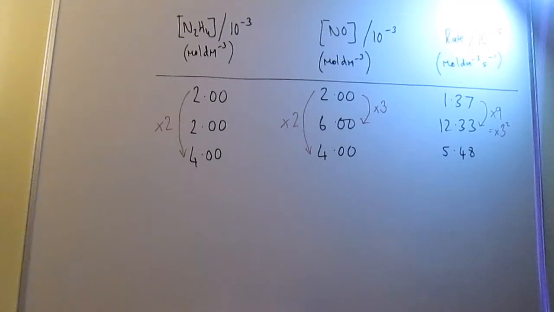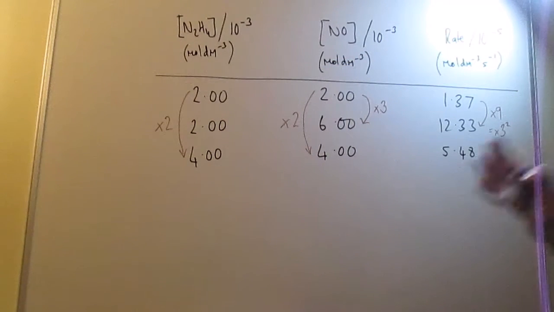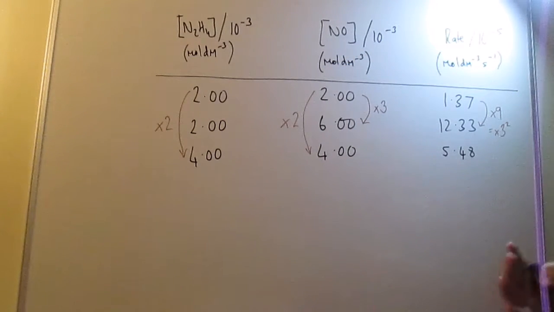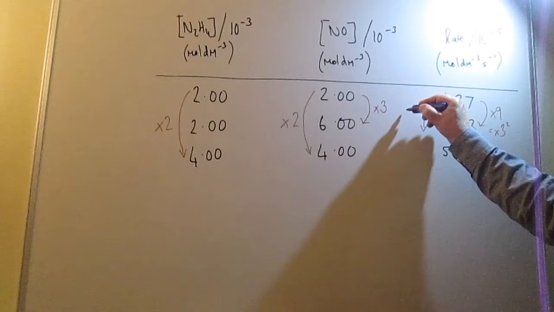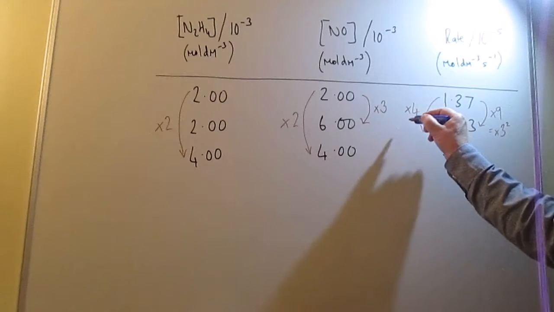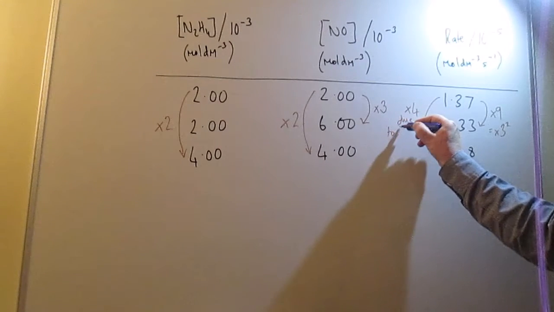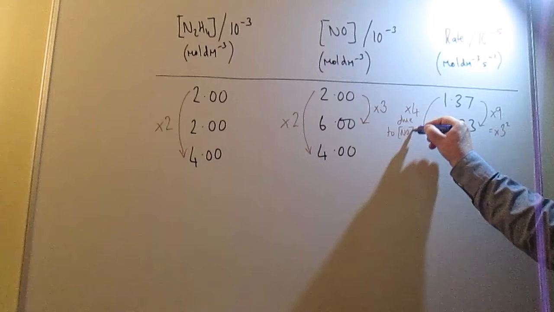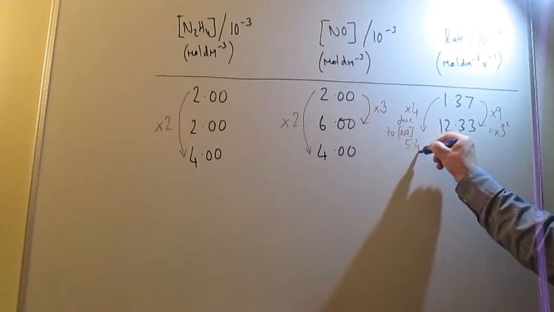But we know what effect doubling the NO will have because we've already worked out that the reaction is second order with respect to NO. So what we know is that that will go up times 4 due to the nitrogen monoxide concentration doubling. So it's times 4 due to the NO concentration, and 4 times that is 5.48.